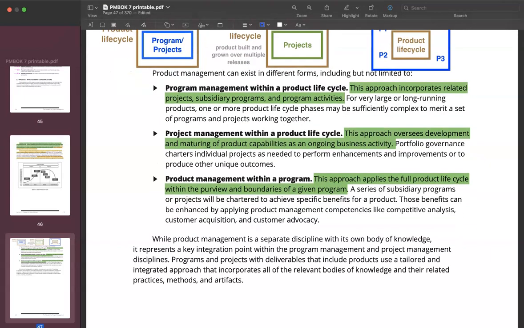So these are different considerations or aspects that you need to remember about product management. One of the main things to understand is that projects and products and product management intersect with each other. So products can be built as part of projects, and projects can be carried out throughout the life cycle of a product.